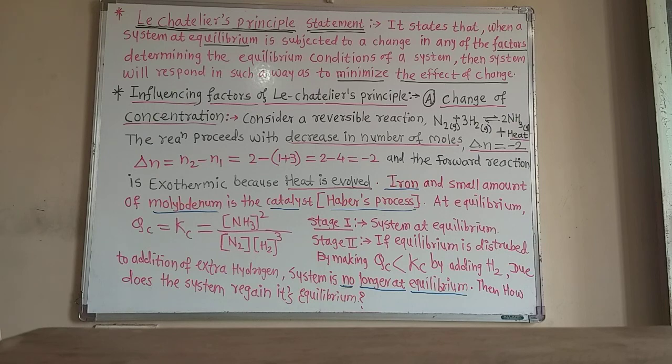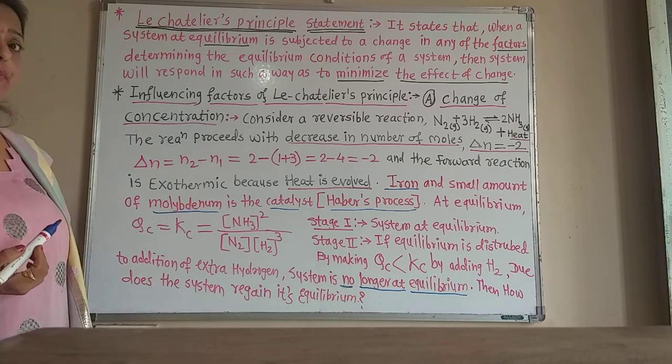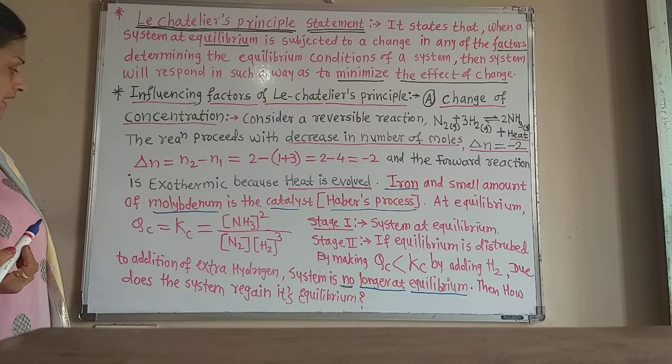Now at equilibrium, how can we write the expression of Kc, the equilibrium constant?